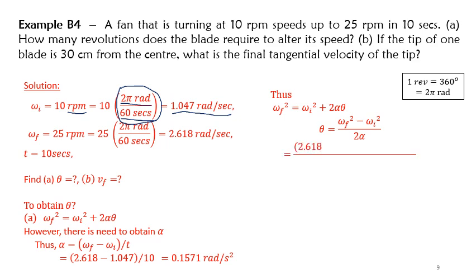Substituting your values: 2.618 squared minus 1.047 squared, divided by 2 times alpha, which is 0.1571 radians per second squared.